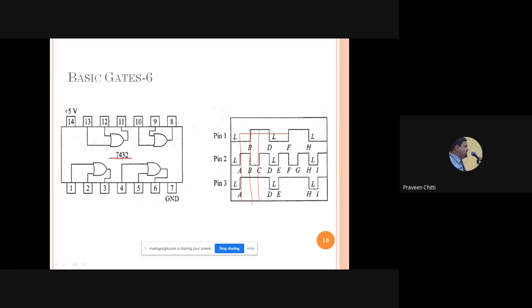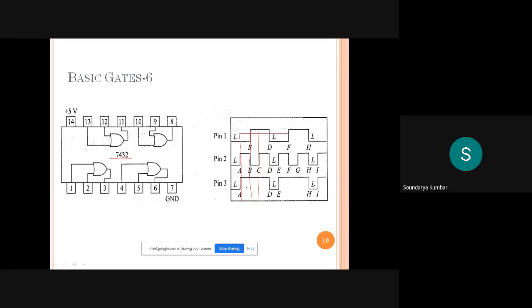Right? So here this input is low, this also is low. So what is the output? First input is low, second input is low, so the output is low. Similarly, first input here is low, second input is high, so what is the output for this portion?